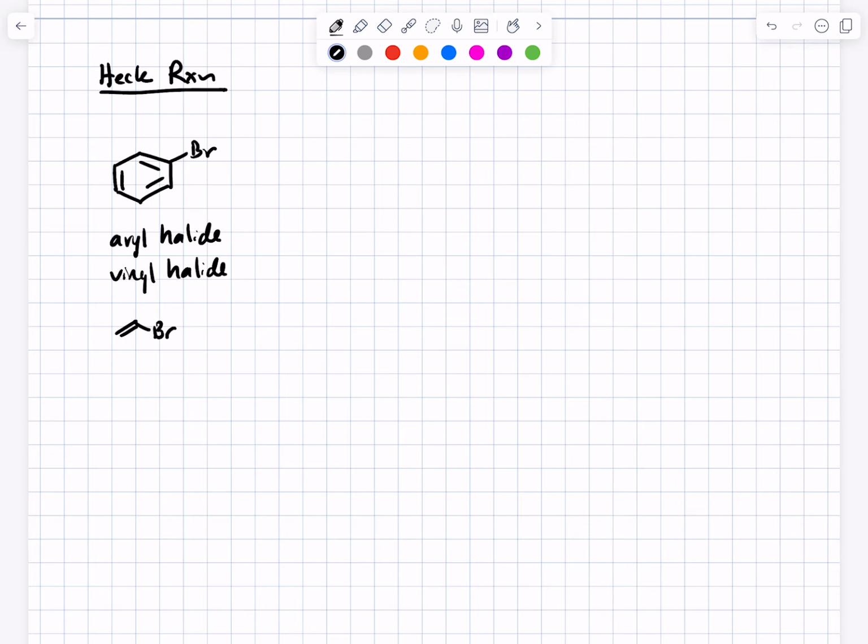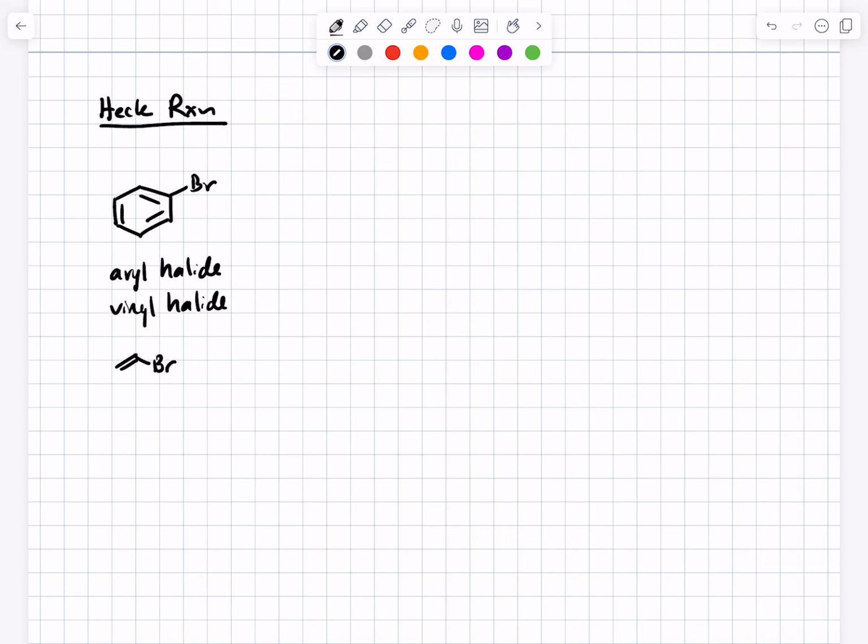Then the other partner, and this is the actual sort of beautiful thing about the Heck reaction, the other partner is just an alkene. You don't need any particular functional group on the alkene, though it helps if on one side you have something that's electron deficient, okay? Here I'm saying Z is usually like maybe a carbonyl or some other electron withdrawing group, okay?